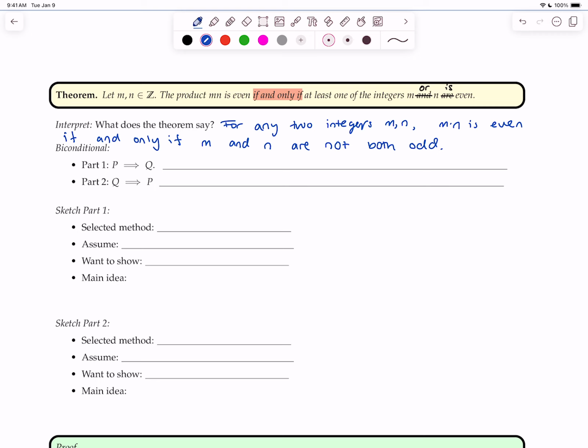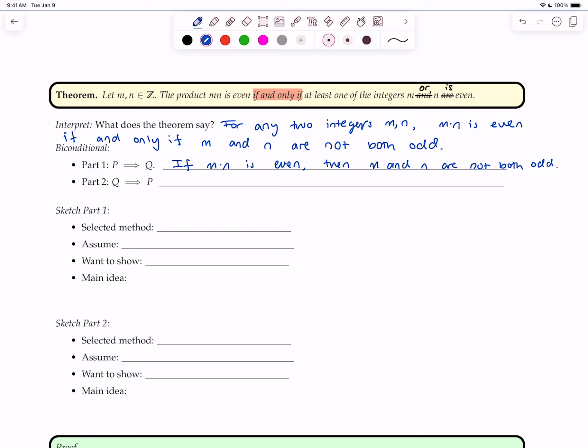Sometimes biconditionals can be a little weird. It really does help to break them down into two conditionals. So let's practice that. This is P implies Q, often called the forwards direction. So we would say, if m times n is even, then m and n are not both odd.